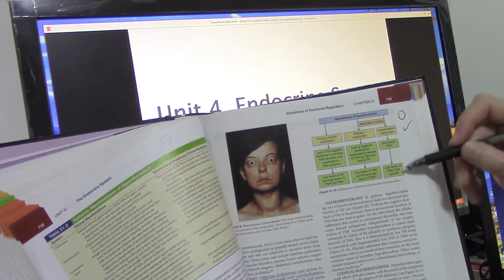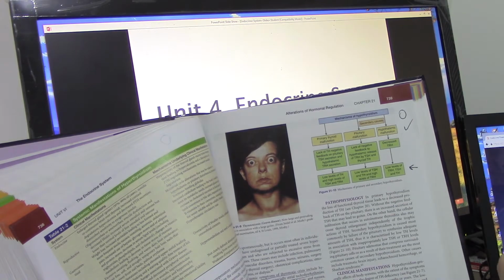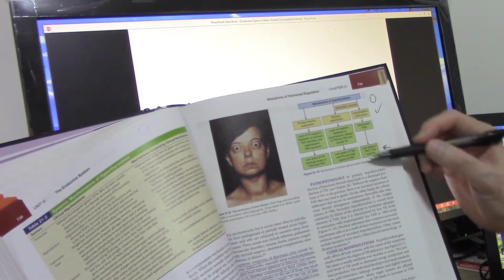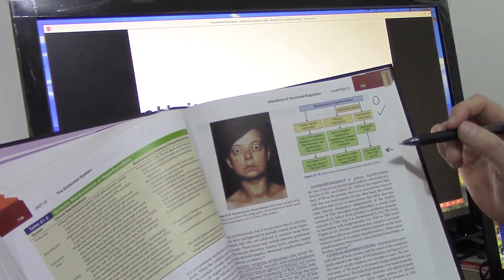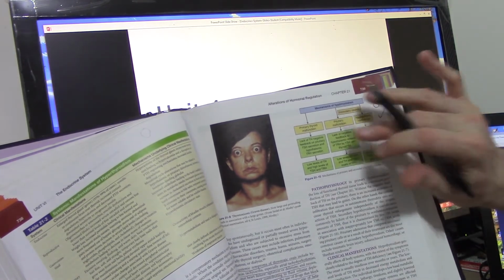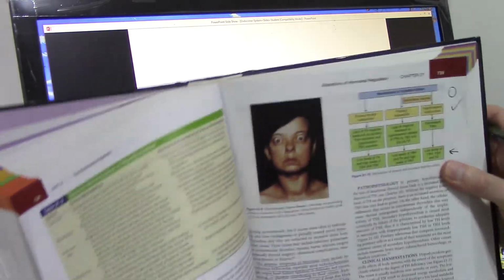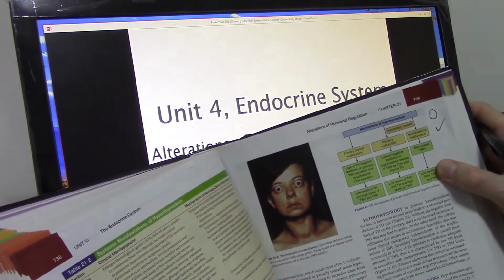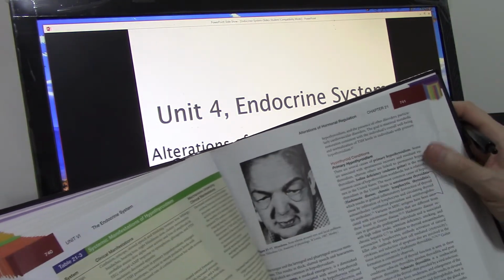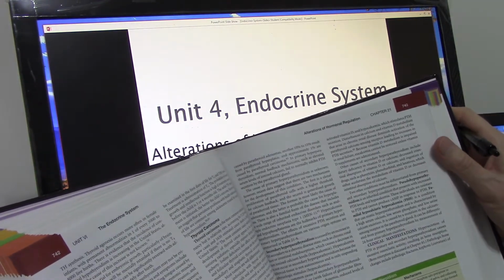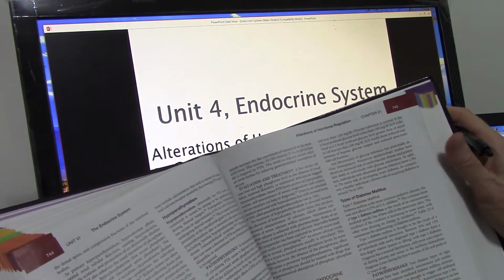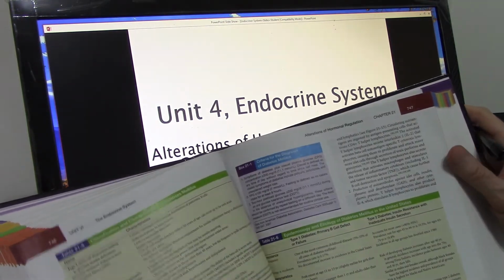And if there's no TSH coming down to hit the thyroid, there won't be much thyroid hormone, so they're all going to be low. Okay, so you may see a question or two about that, about primary versus secondary hypothyroids on your test.